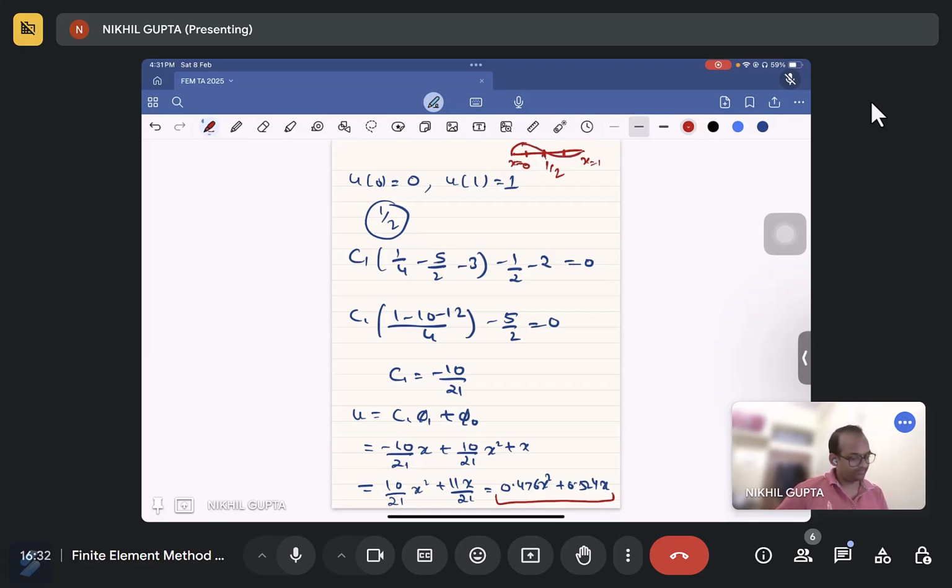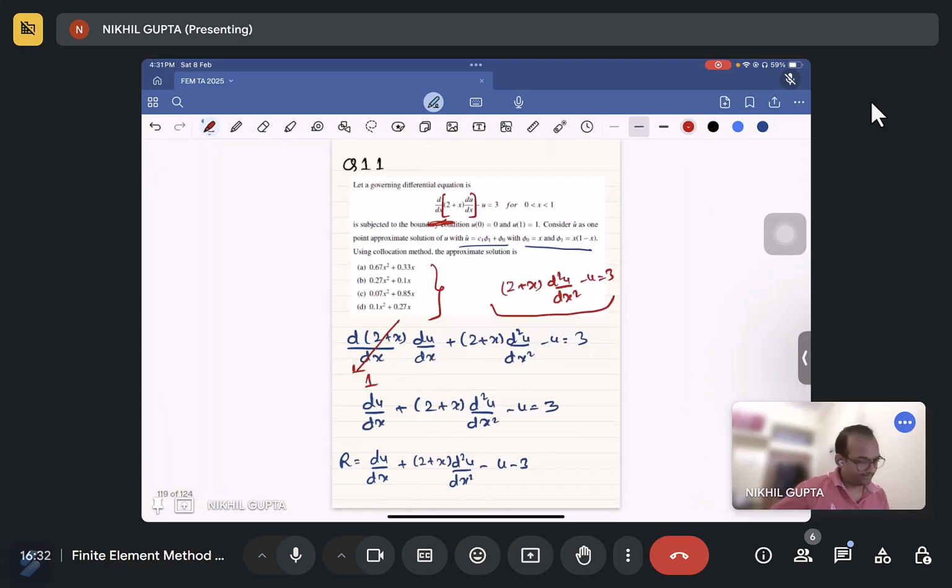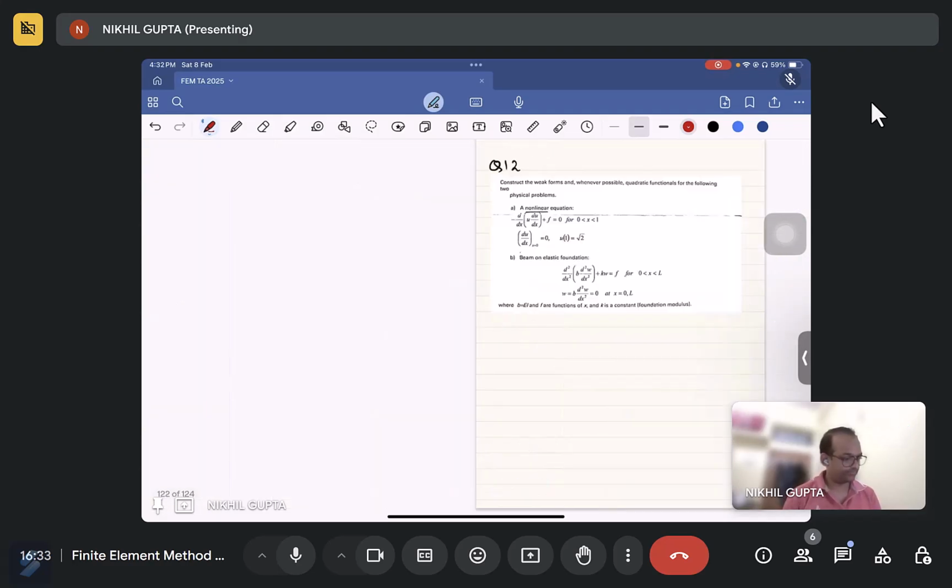Otherwise, they have to give you the collocation point as well. In MCQ type questions, if someone takes a different collocation point, that will also be a correct method, but it should be given in the question. Or else, if you are assuming a midpoint, you can give a valid reason.